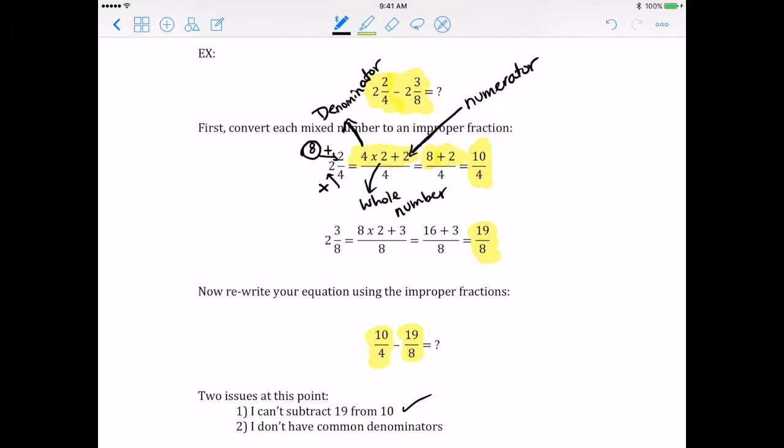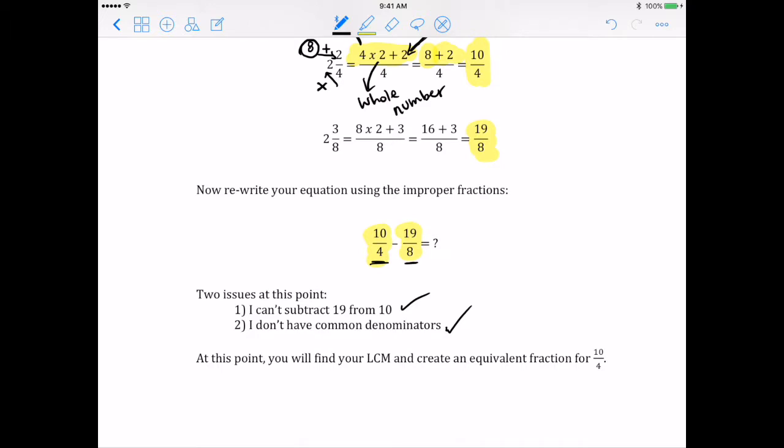If I have $10, I cannot pay you $19. I can't take 19 out of 10. Second problem is I don't have common denominators. I have a 4 in this fraction and I have an 8 in this fraction. I can't subtract if I don't have common denominators.